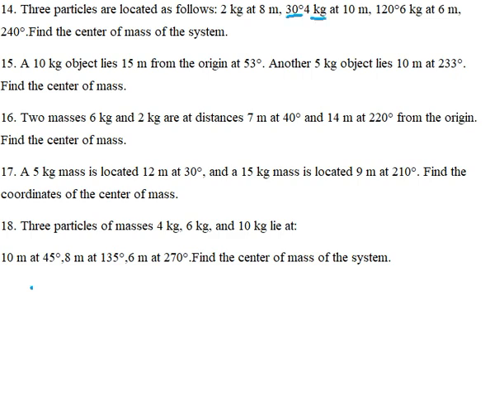And we have mass 2, which is 4 kgs, about 10 meters at an angle of 120 degrees. We have another one, 6 kgs, about 6 meters at an angle of 240 degrees. We should find the system's center of mass.